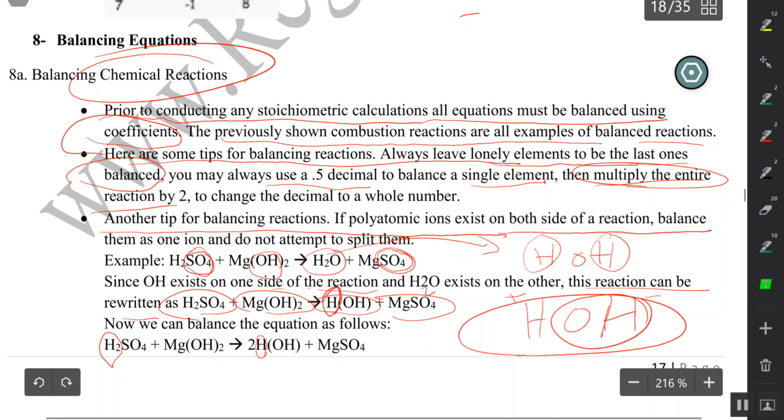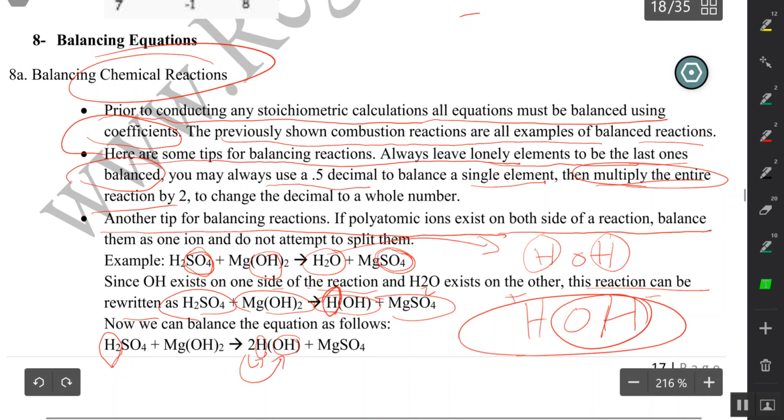But this coefficient 2 does not only affect the number of H's that I have, it distributes to everything else in the compound. So this 2 actually made me get two H's and made me get two OHs. Again, because it's a polyatomic ion that's present on both sides, treat it as one ion. So I have two H's and I have two OHs.